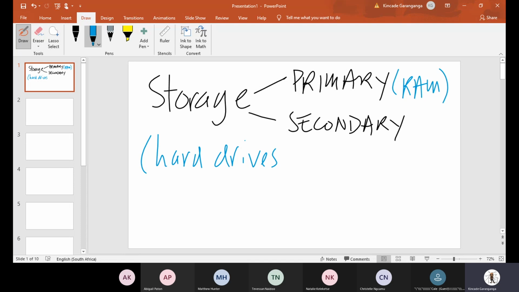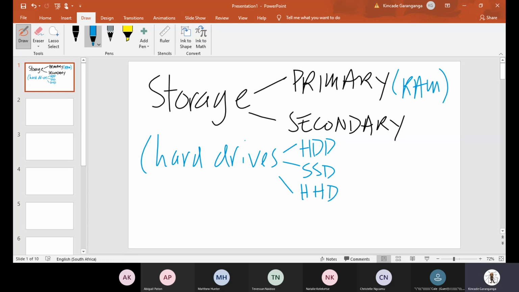So what you need to understand now is that when you look at these hard drives, there's a subdivision. Whether it's internal or external, these hard drives can either be what they call HDD or SSD.